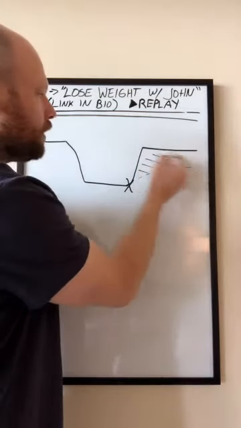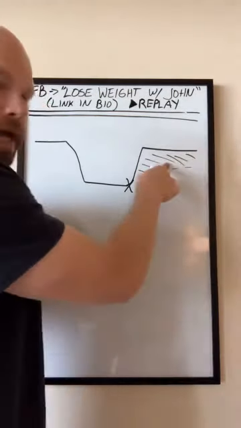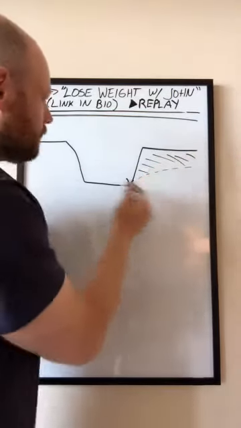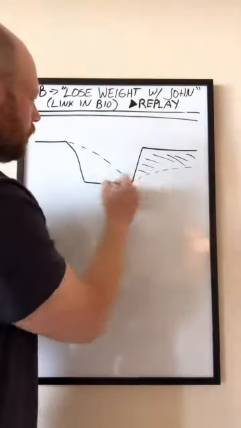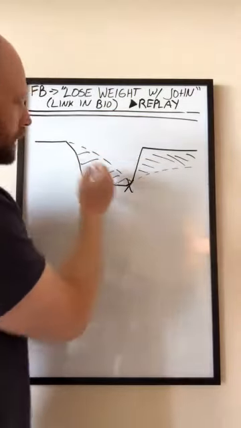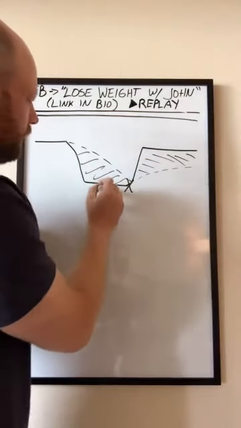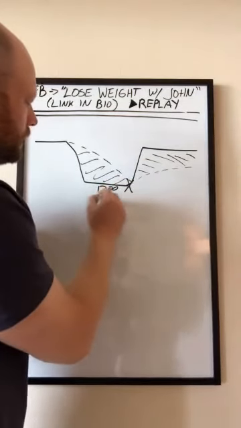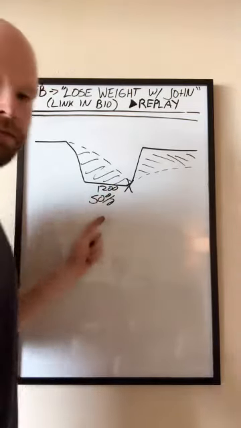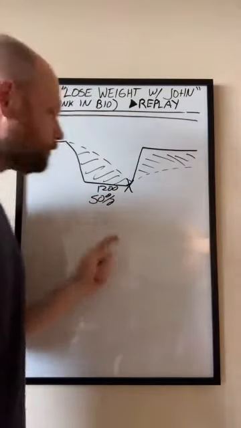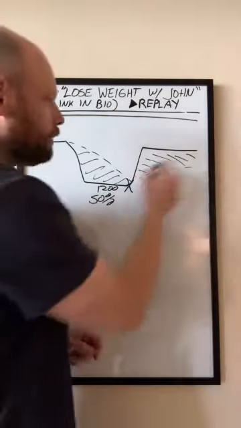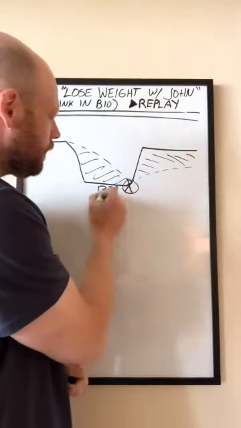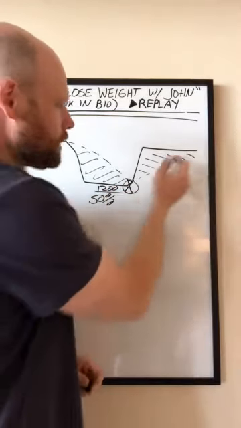So she actually put on weight. The weight she lost in her steep deficit was about 50% fat and 50% lean mass. But when she put weight back on after burning out on this very low crash diet, what she put back on was nearly all fat, okay?